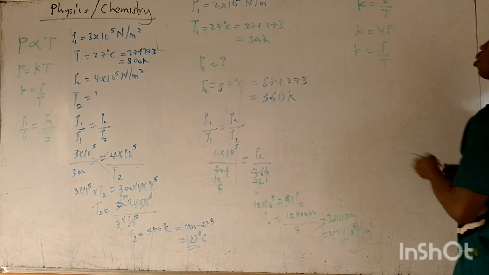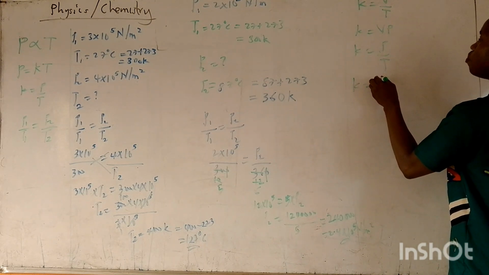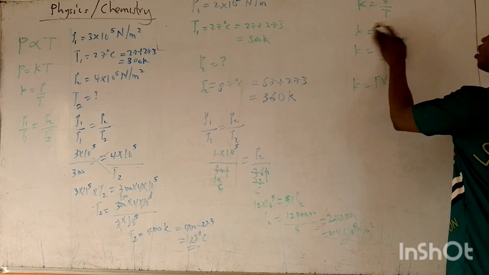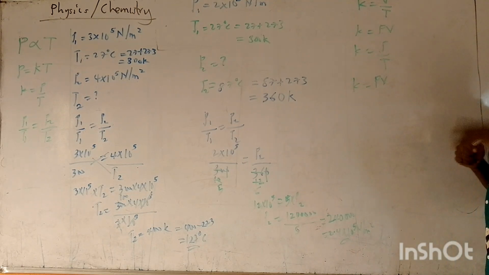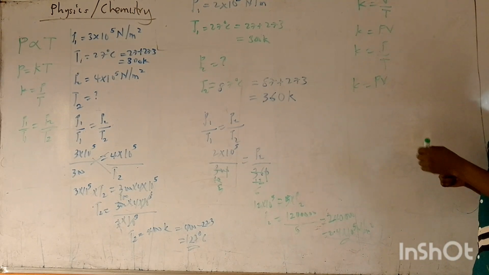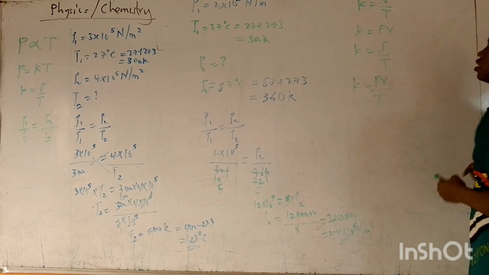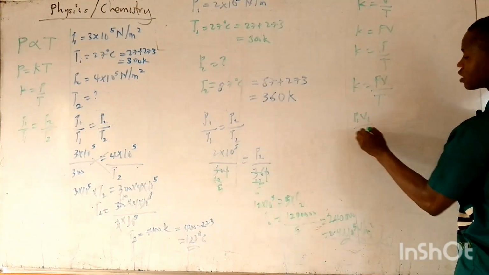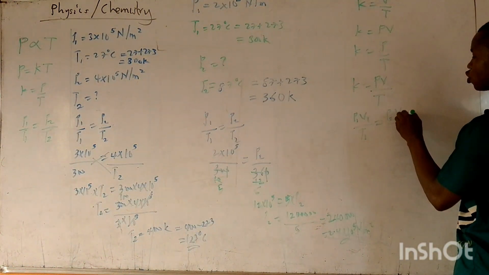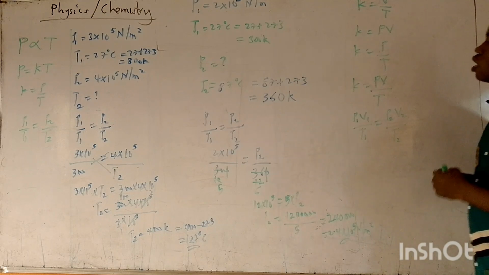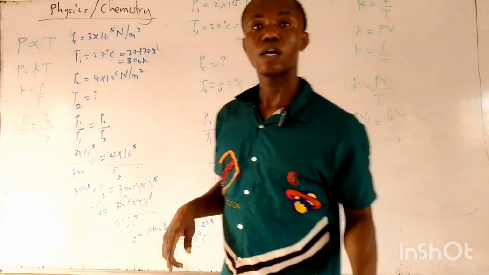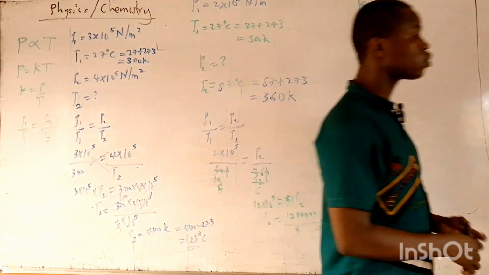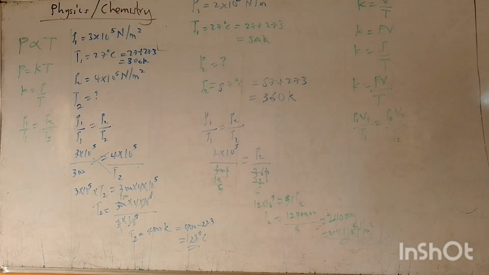So if I combine the 3, it will be K equal to PV over T. That means P1 V1 over T1 is equal to P2 V2 over T2. I hope you understand. It's not a law, it's an equation. I call it the general gas equation of the 3 laws.